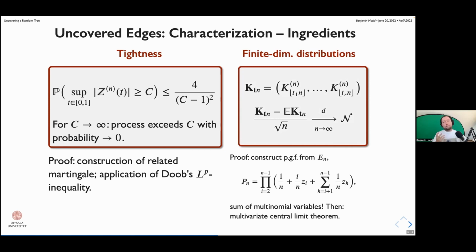And then with a simple transformation, the same holds for the original vector that actually tracks the number of uncovered variables, uncovered edges. All right, so that's for the number of uncovered edges. So we can show there's a nice limiting process. So we have the mean and we have the behavior of the deviation basically.